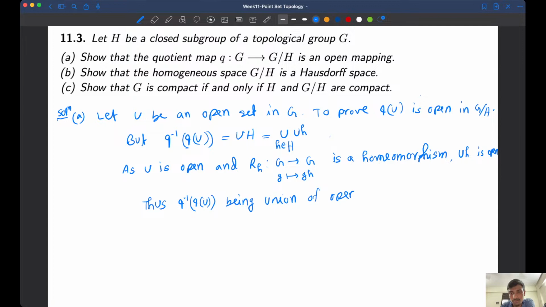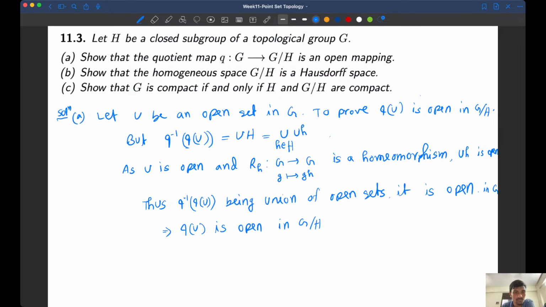That implies, by the quotient topology, Q(U) is open in G mod H, and that's all you need to show. So Q is open, right?